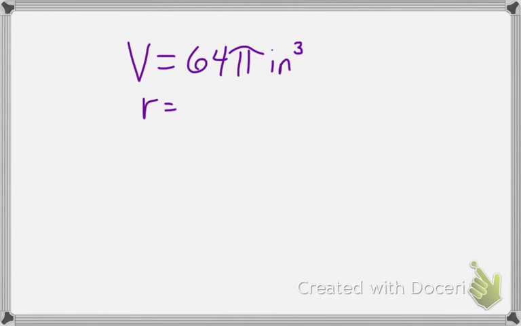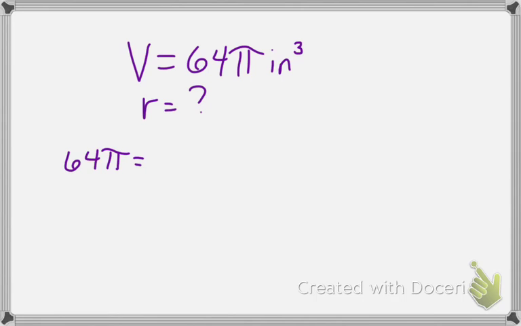If I told you that your total volume was equal to 64 pi cubic inches, and I wanted to know what the radius was equal to, how would you solve that? So similar to the surface area problem, we would equal 64 pi to what formula?